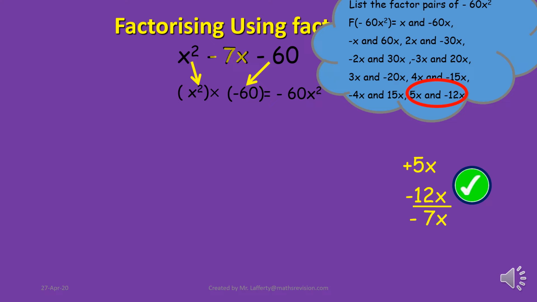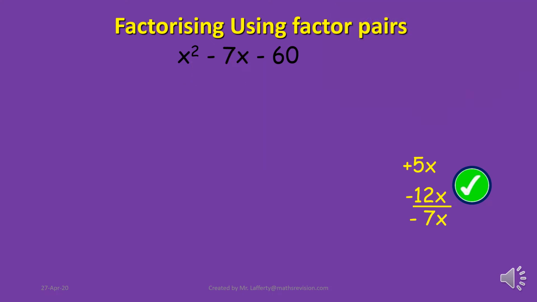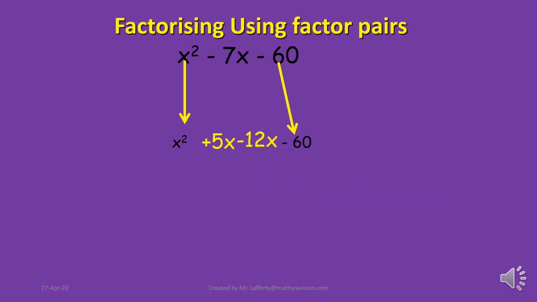Next we bring down the first term and the third term, and then we put the pair of factors identified in the middle. Then we factorize the first 2 terms, which gives us x and then x plus 5, and then we factorize the next 2 terms, which give us negative 12 and x plus 5. Then we factorize the common factor in brackets, and we have our solution, a double bracket.